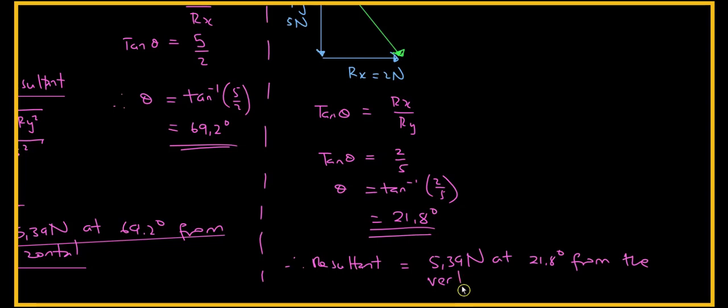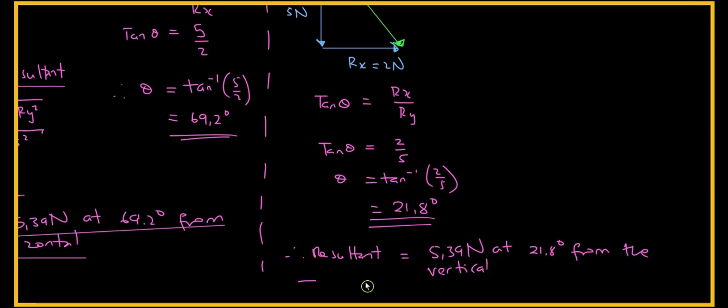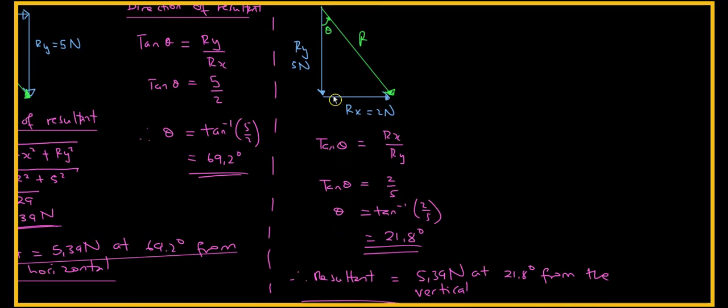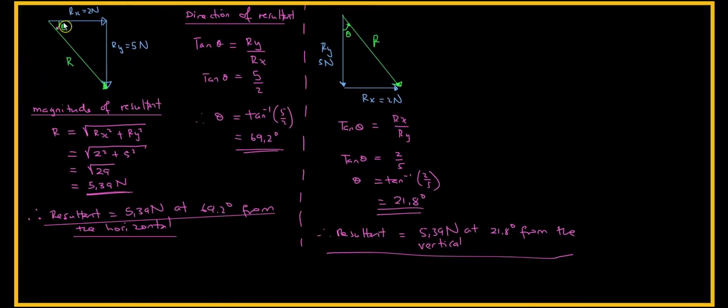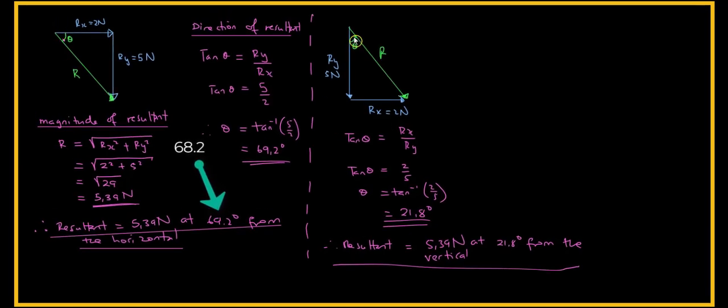So this angle is being measured from the vertical, 21.8 degrees from this vertical line to my resultant. And in the previous case, the angle was measured from the horizontal. So this is another way to solve your problem here.